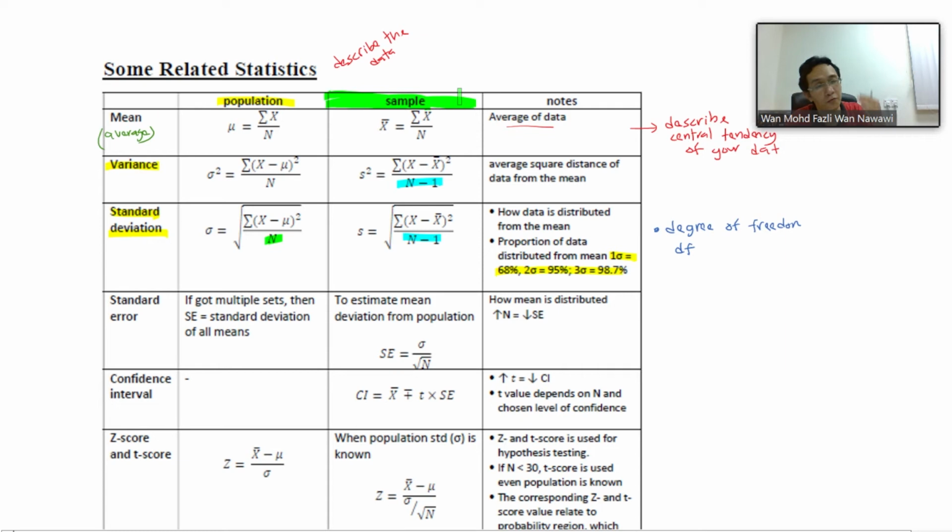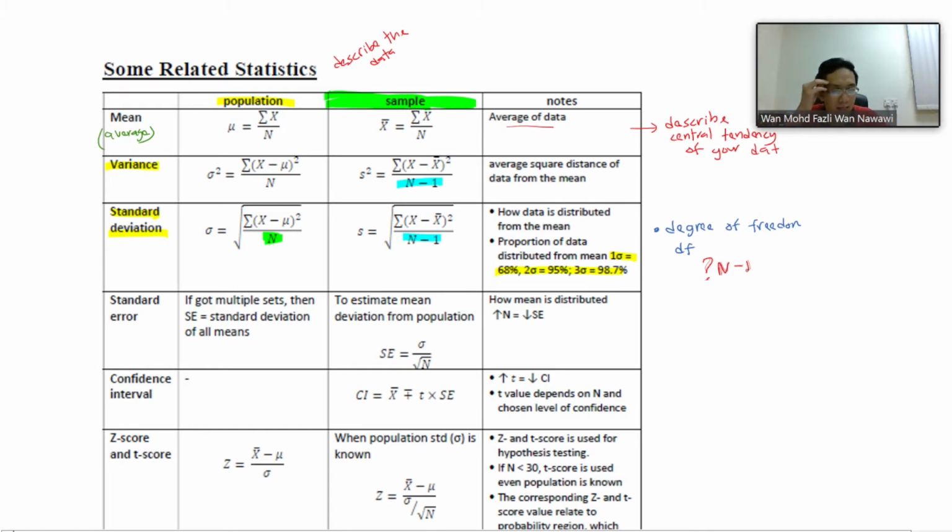So you minus 1, because it's not the population. If it were the population, then it's n. And the reason why it is minus 1? Why when you see degree of freedom, why n minus 1?